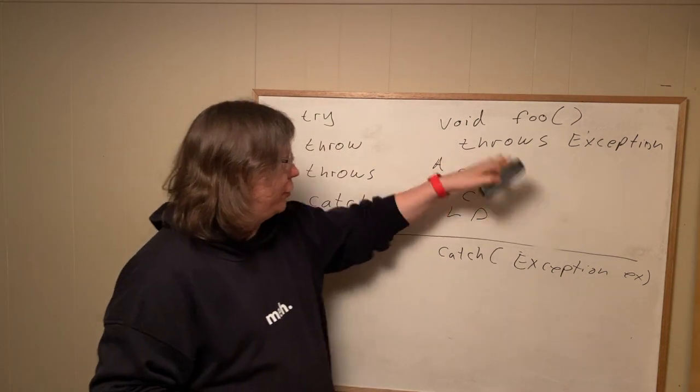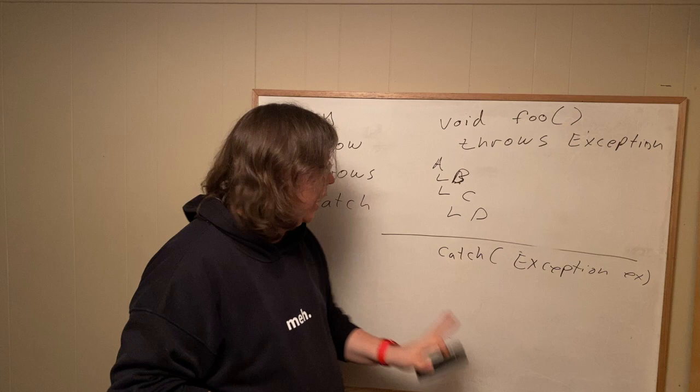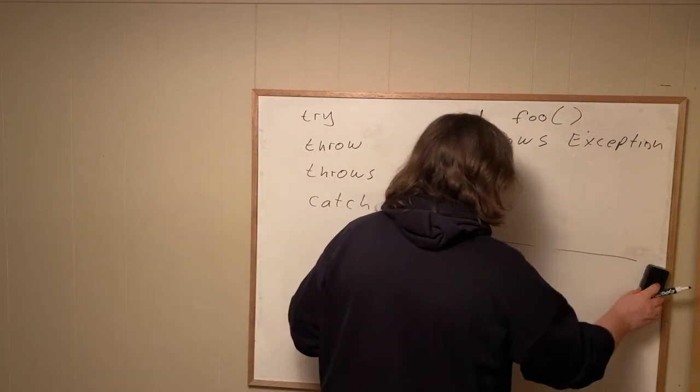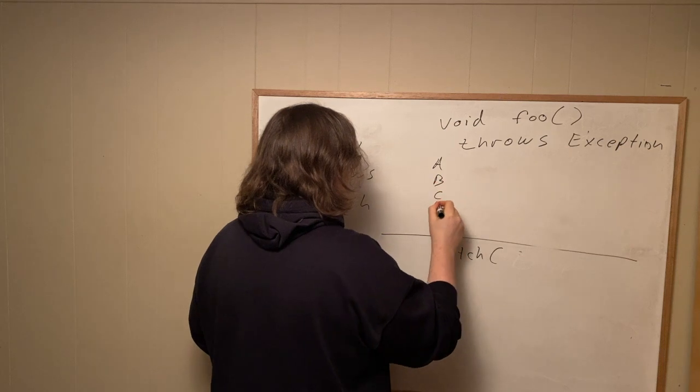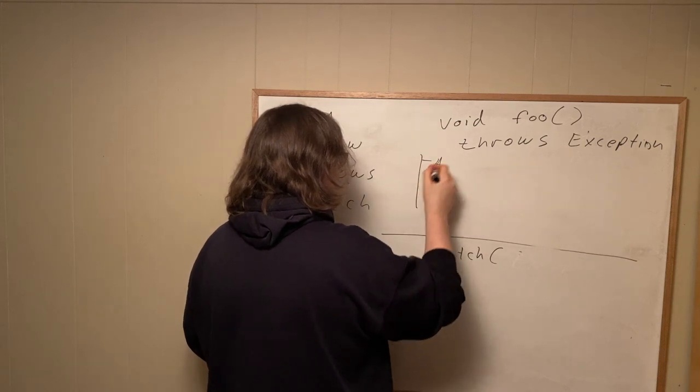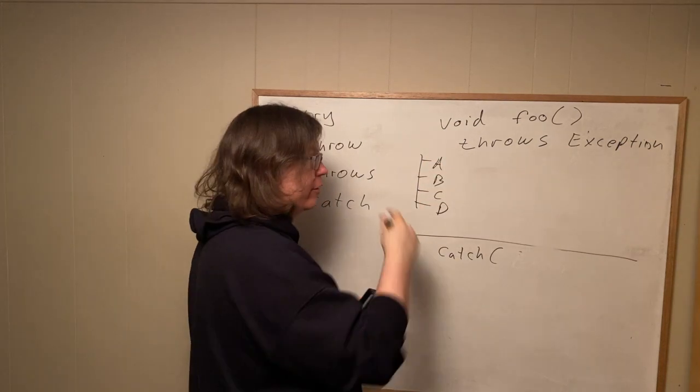So you can have multiple throws clauses, you can have multiple catches. Another way, let's say A, B, C, D are all siblings under exception.